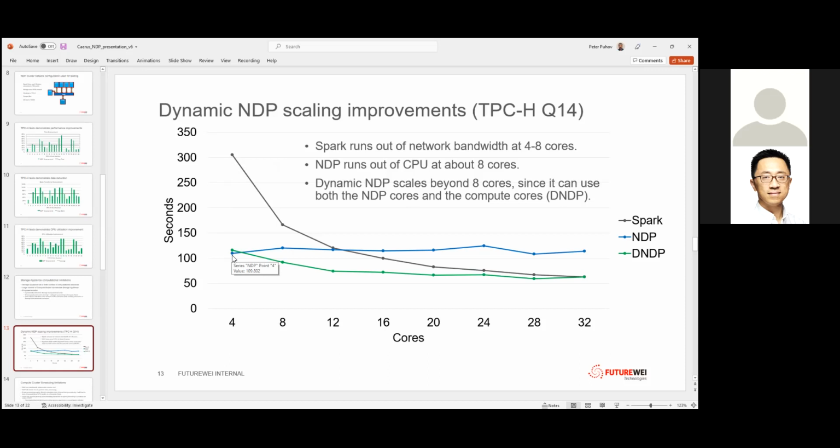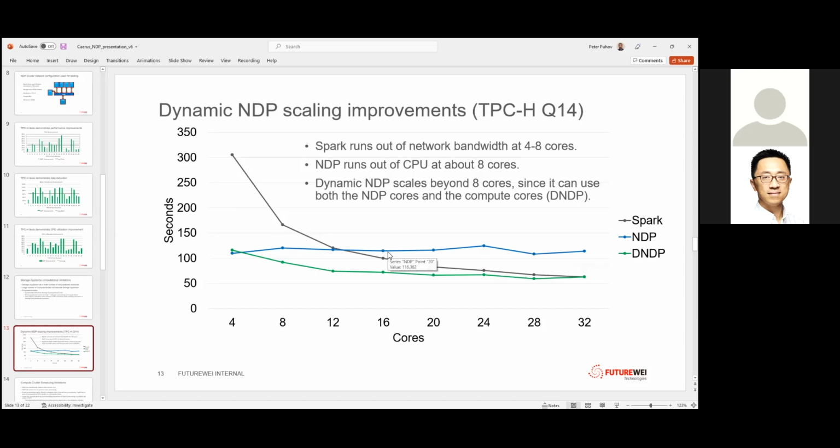However, if we start to scale the Spark cluster by adding more nodes or more computational resources, we will see that NDP itself, the near data processing, doesn't really scale, because we have only a single storage appliance with a finite number of resources. Once we stop scaling at, say, 12 cores, our performance would be worse than Spark.